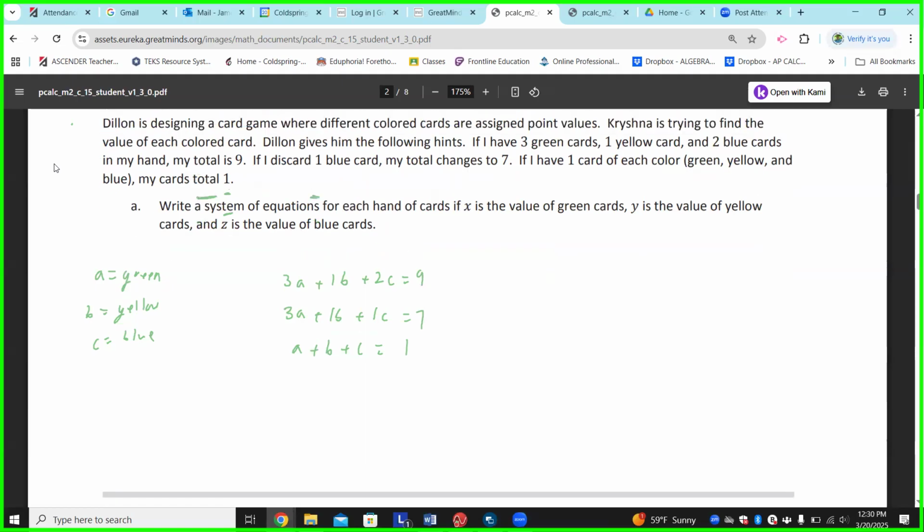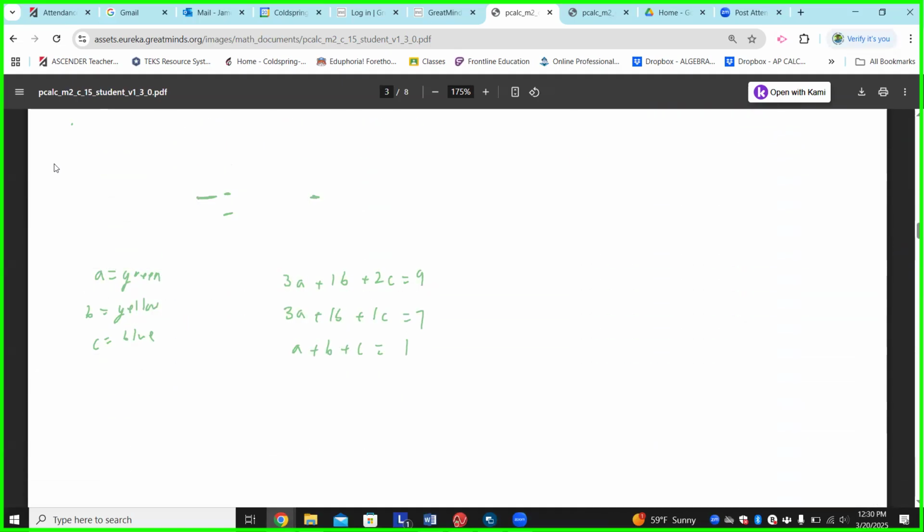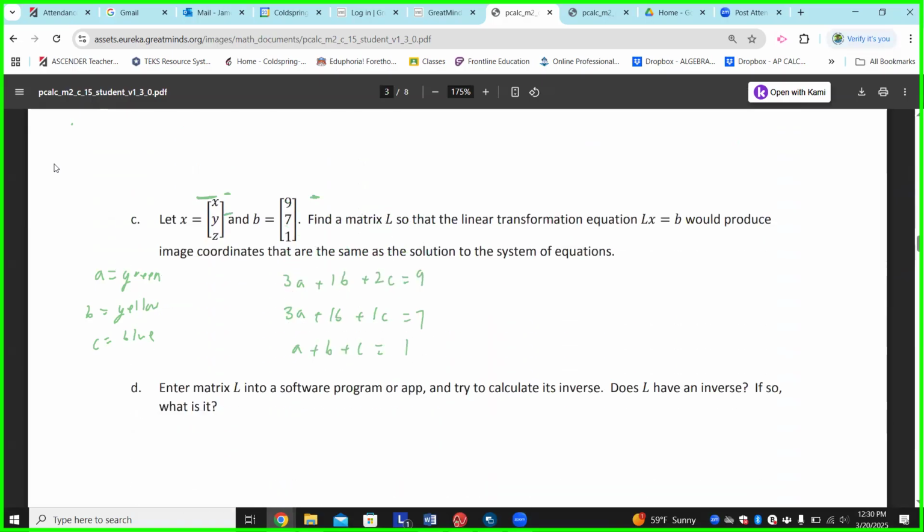Take this equation you just formed, and we're skipping B for right now, and I want you to produce this equation, LX equals B, with this information. I'll give you a minute to write it out. You're not solving it right now. You're just writing out the LX equals B portion.